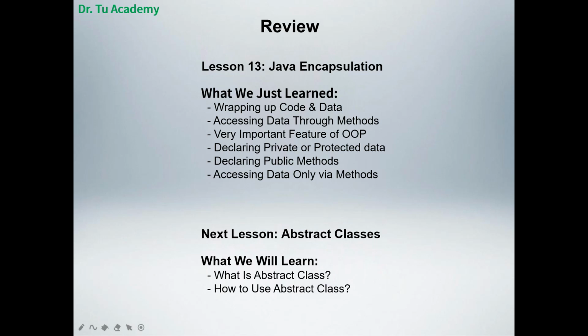Now let's summarize what we just learned about Java encapsulation. Java encapsulation is wrapping up data and the code into one unit. That unit is a class or object. The data is class member variables, and the code is the class methods.